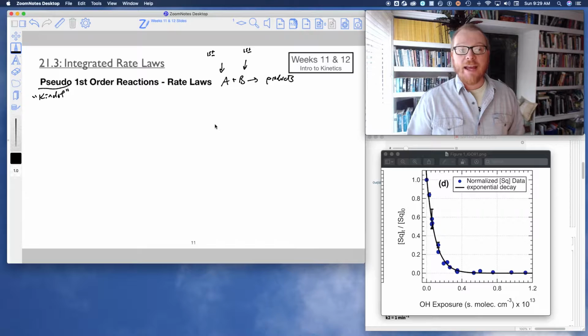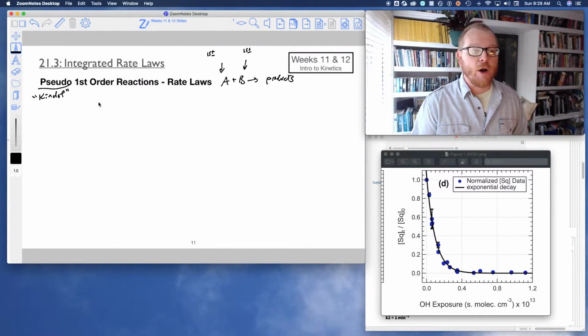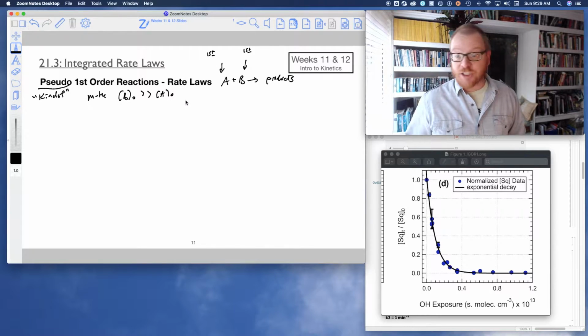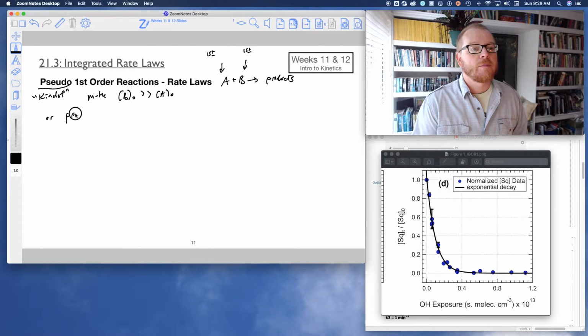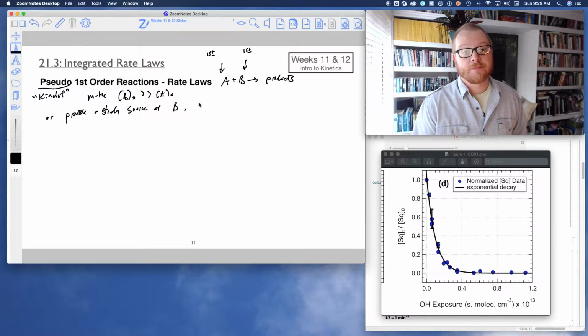So we can make this what's called a pseudo first order reaction by imposing the following. We can make the initial concentration of B much greater than the initial concentration of A, or provide a steady source of B such that the following.